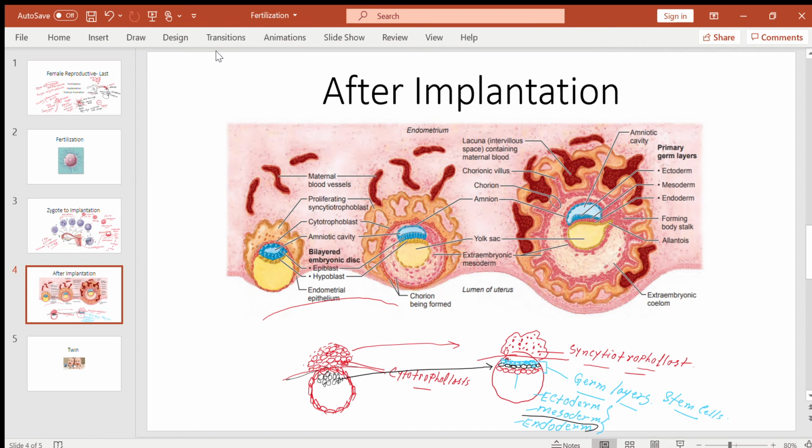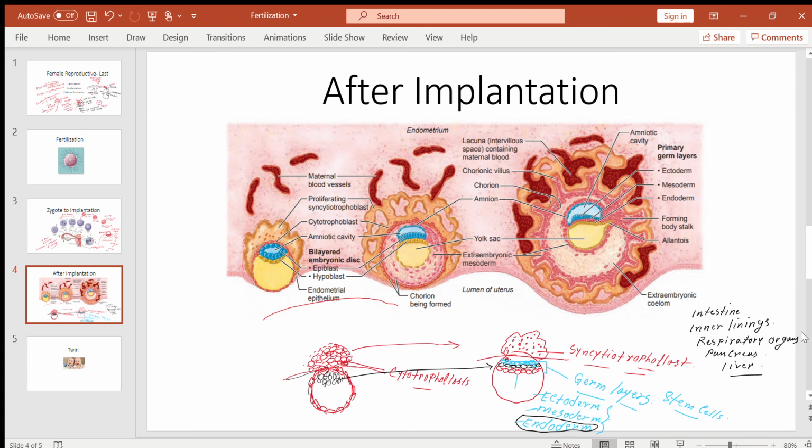Since this is the innermost, endoderm forms the intestine, the inner linings of your GI tract and respiratory tract, so all inner linings, most of the respiratory system and respiratory organs, pancreas, liver, most of the inner organs of the body.